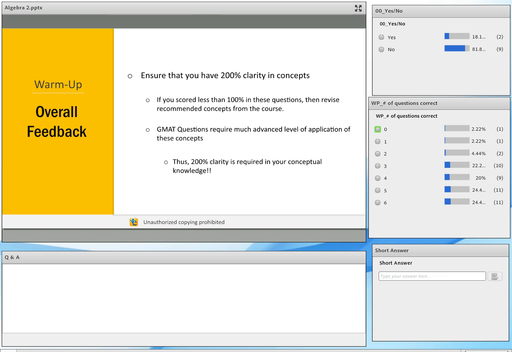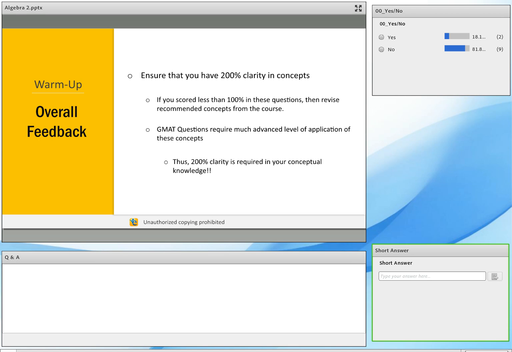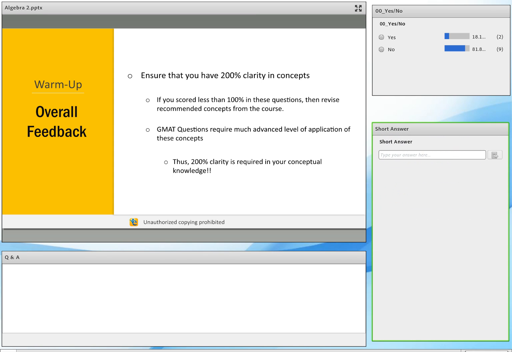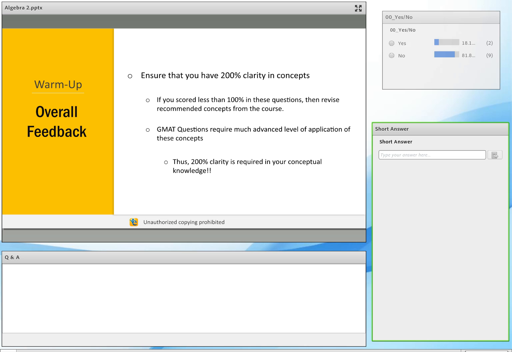So for those of you who got all the 6 questions correct, your conceptual understanding is good when it comes to inequalities. Okay. For those of you who got fewer than 6 questions correct, even if you got 1 question wrong, I want you to tell me why did you make a mistake. So why don't you take some time, for those of you who weren't able to answer all the questions correctly, tell me where is it that you faltered. What have you taken down as notes for yourself?